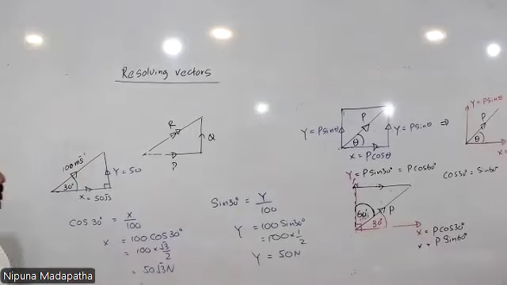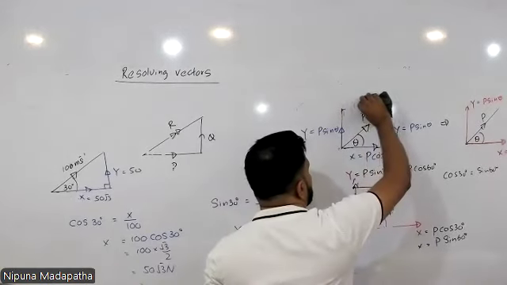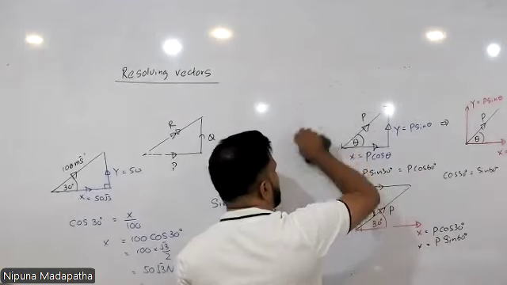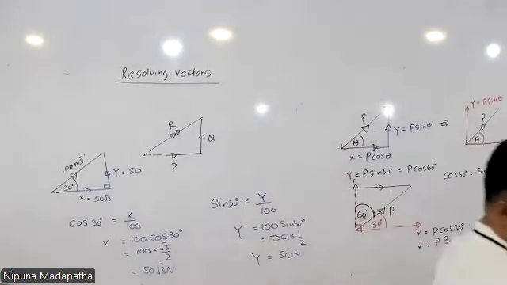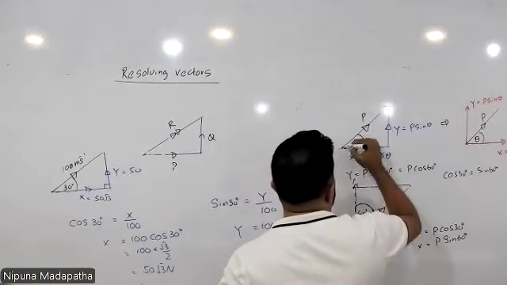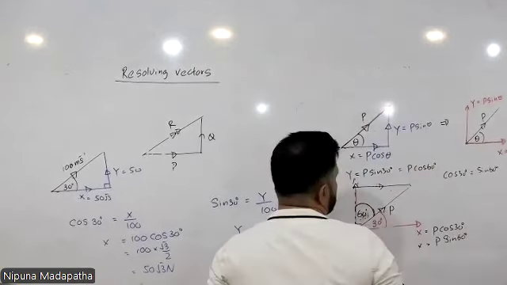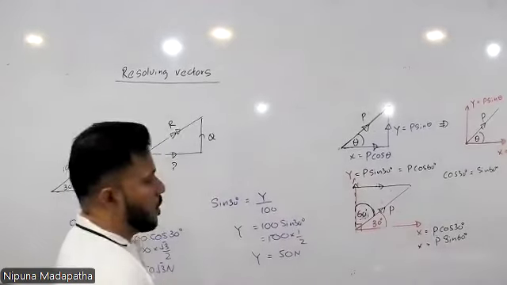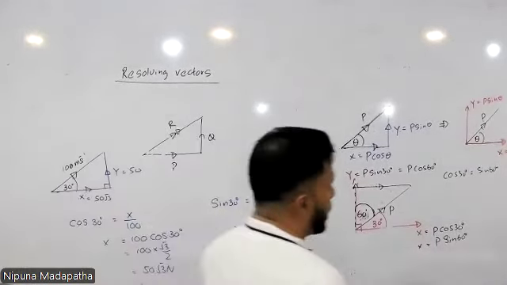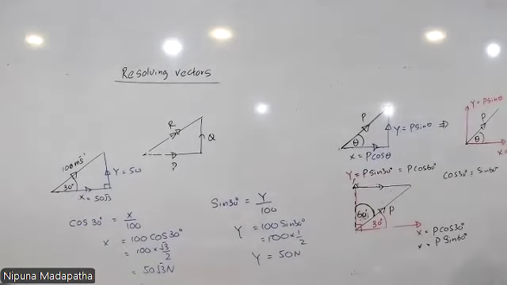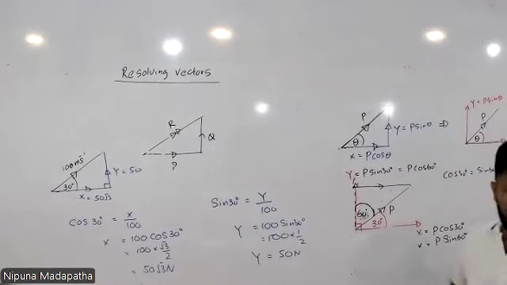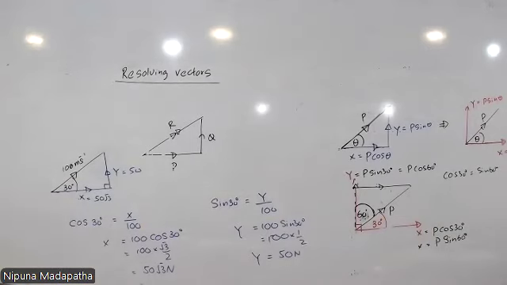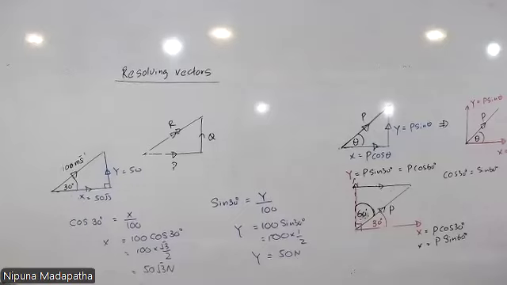The figure given below shows how to obtain the components of the given vector P along the horizontal and vertical directions.